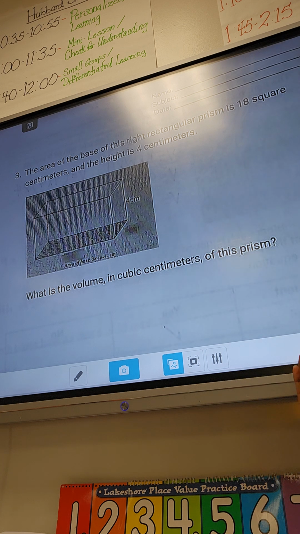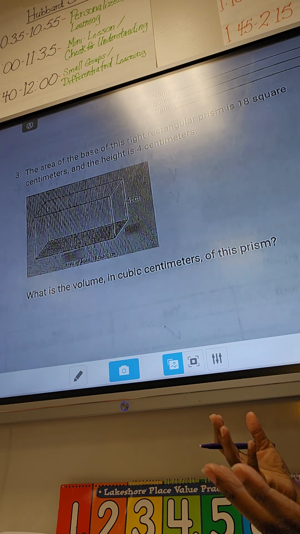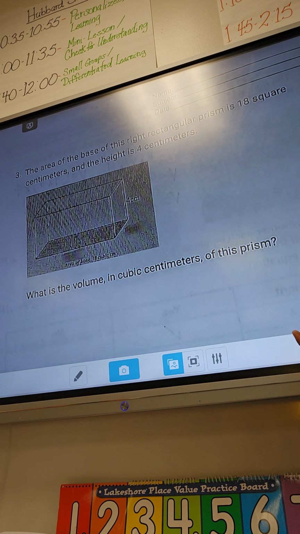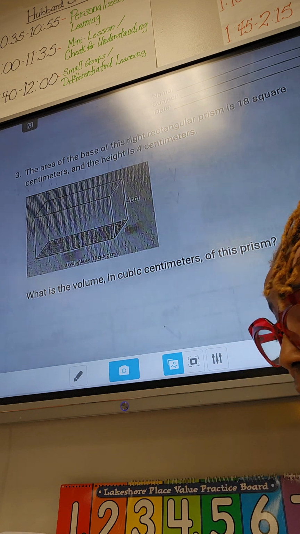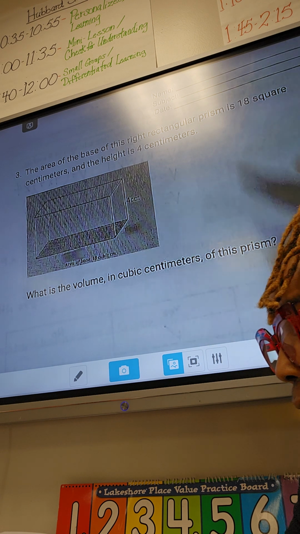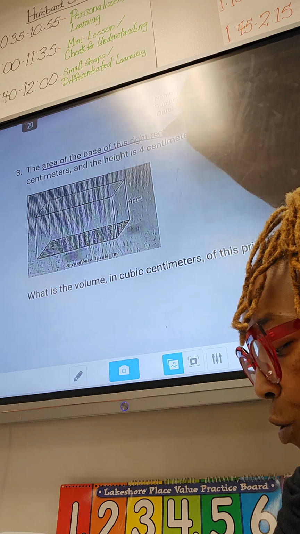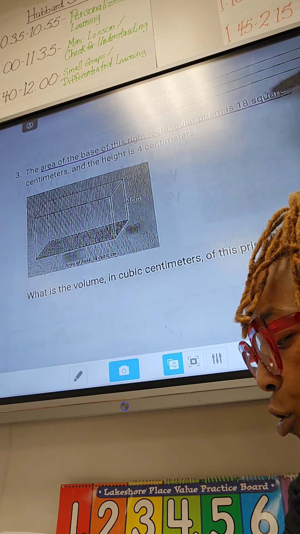So remember your 3-read protocol. We just went through the first read. You know what it's about. It's about volume, right? All right. Then when you get to the second read, a lot of times you don't have to read it that many times. You just have to know what to do in order to make sure that you are doing the right thing. This says the area of the base of this rectangular prism is 18 square centimeters.